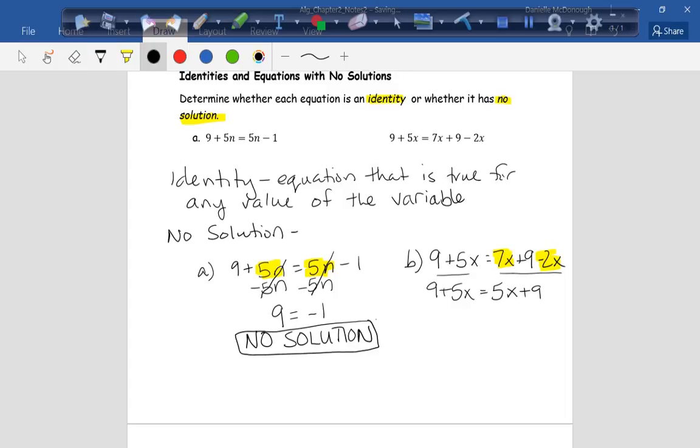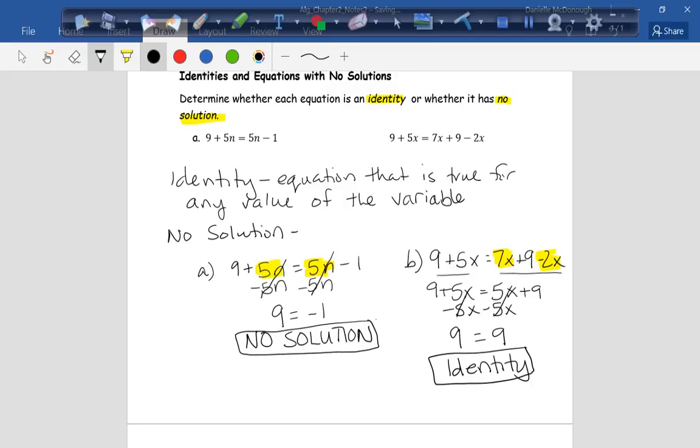And some of you can already see that both of these sides are equal to one another. It's the commutative property that makes them equal. But if I subtract 5x on both sides, now I have 9 is equal to 9. Well, does 9 equal 9? Yes. And so this is an identity. It doesn't matter what number I put in for x. Each side is always going to be true.